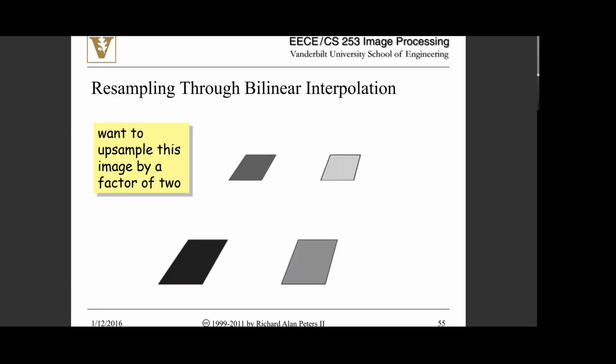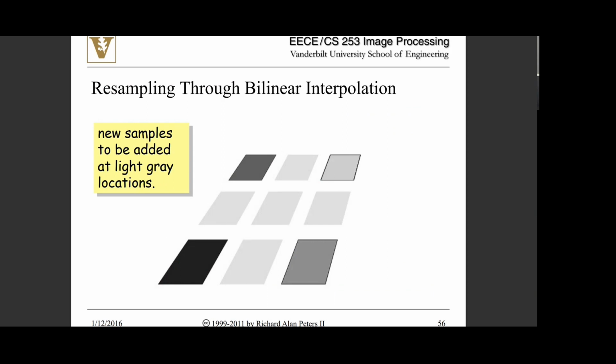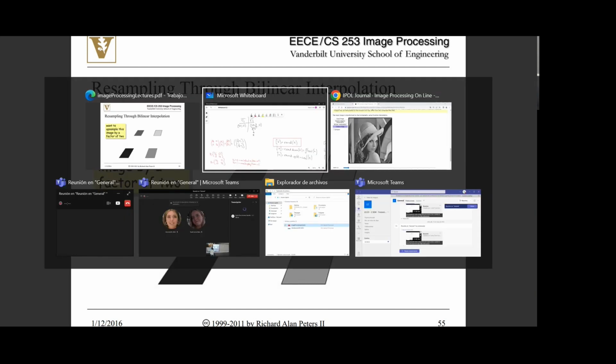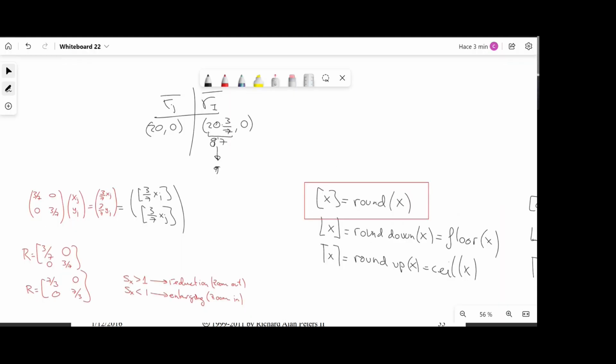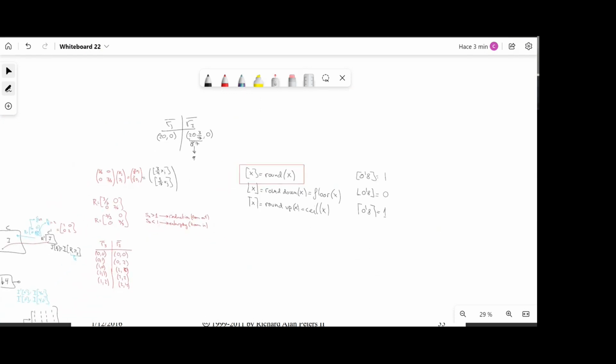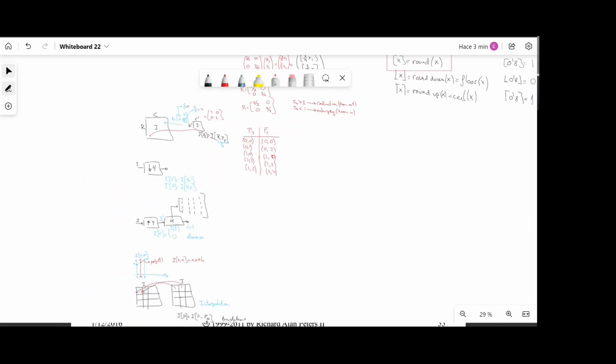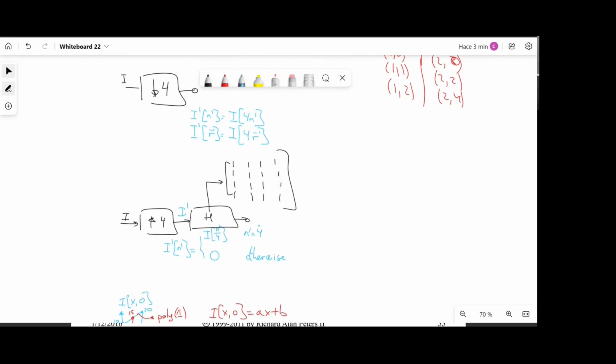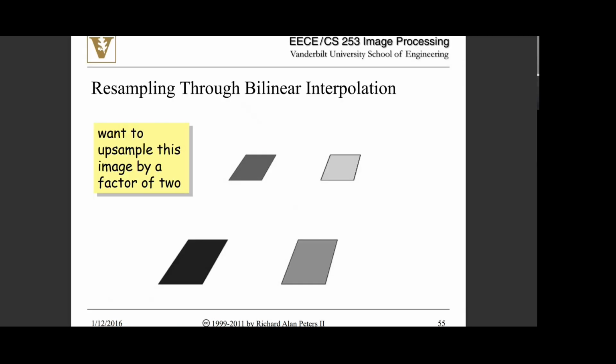Let's see how we can do that. Let's do it by a factor of 2. My first step will be to do an upsampling by a factor of 2, and then I will have zeros in between. My output will look like this.